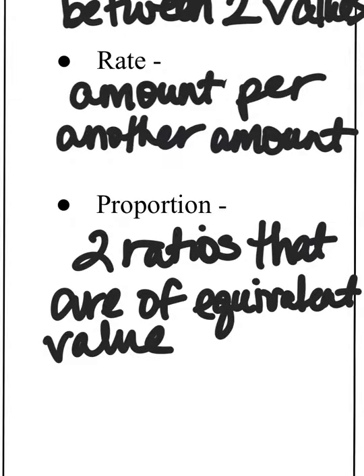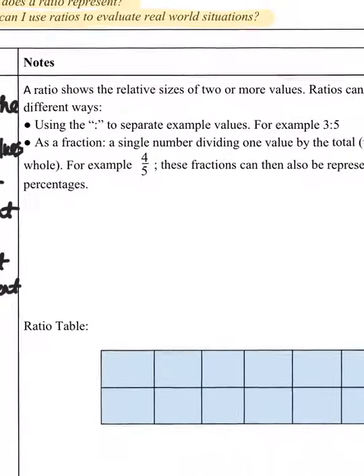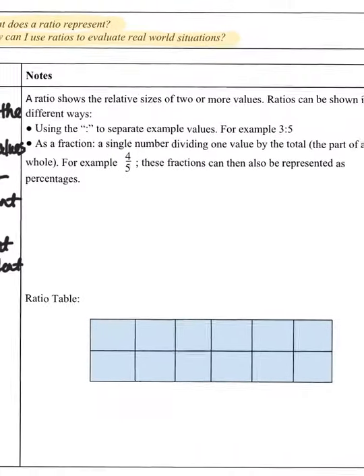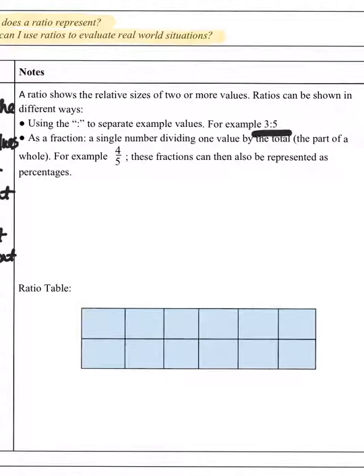So let's go over here. A ratio shows the relative size of two or more values. Ratios can be shown different ways. So sometimes you'll see them written like this, where you have, say, 3 to 5.